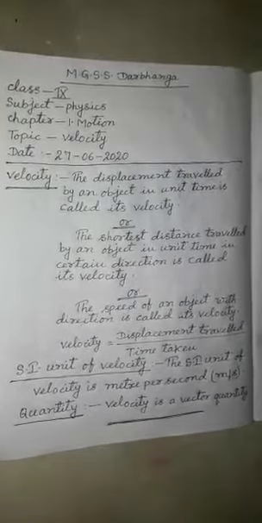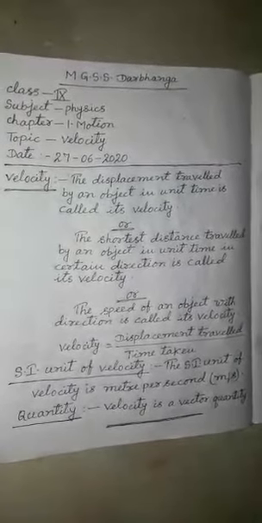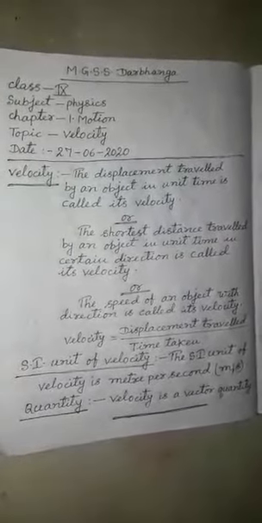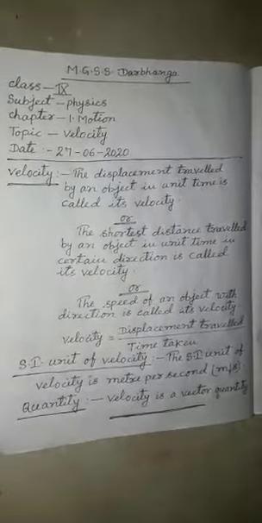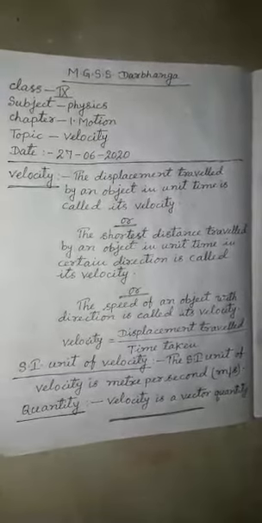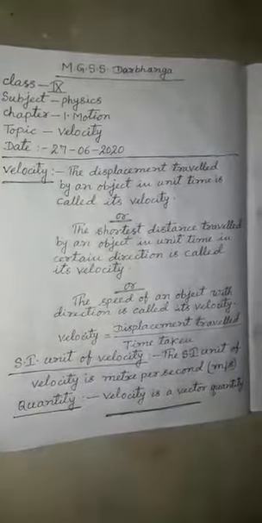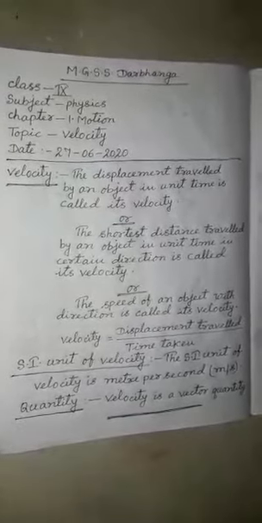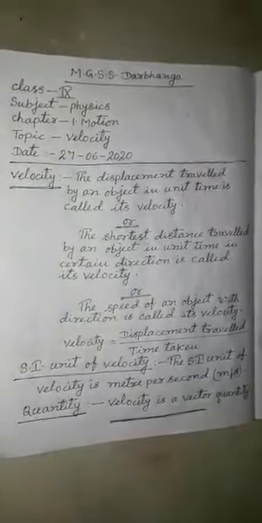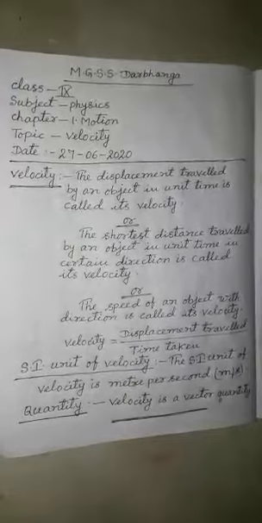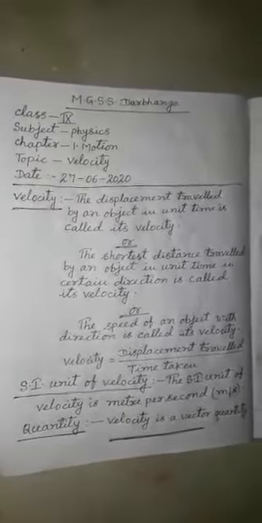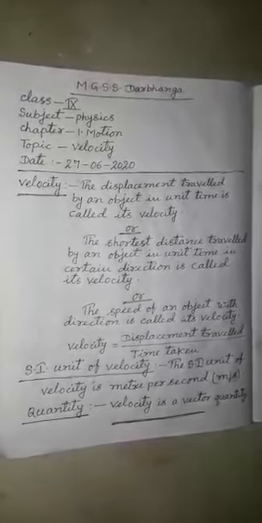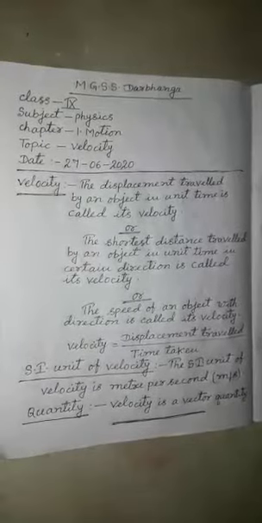Therefore, the SI unit of displacement is meter. By time taken, SI unit of time is second. Therefore, from this relation, we get the SI unit of velocity is meter per second, denoted by small m oblique s. It means meter per second.